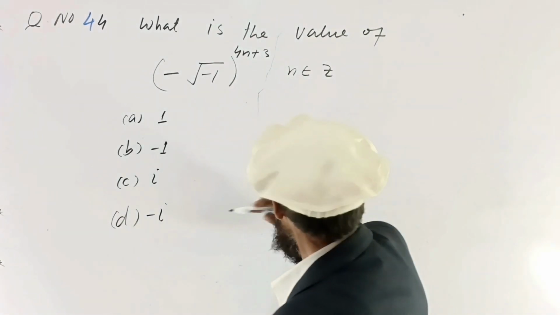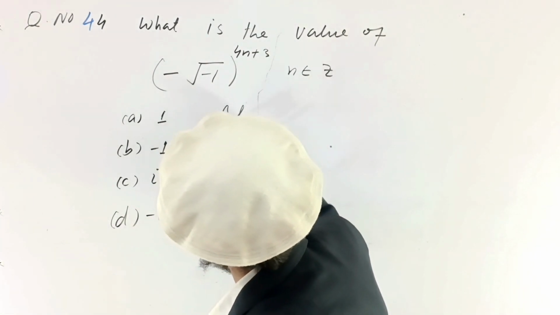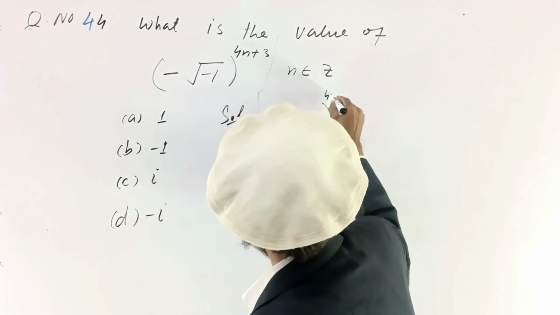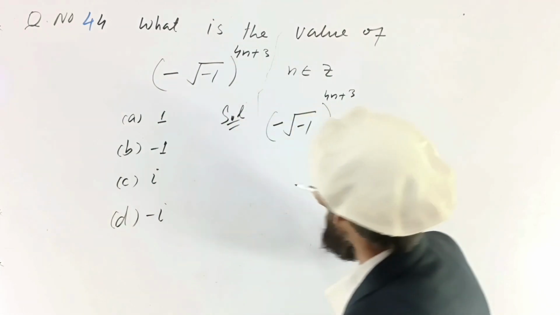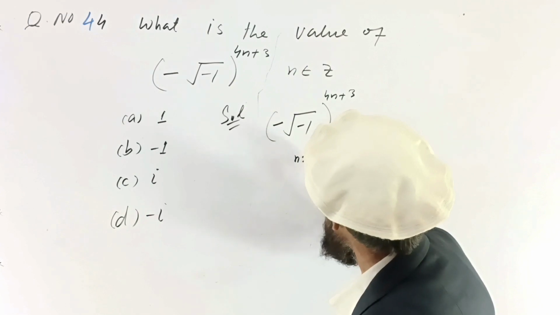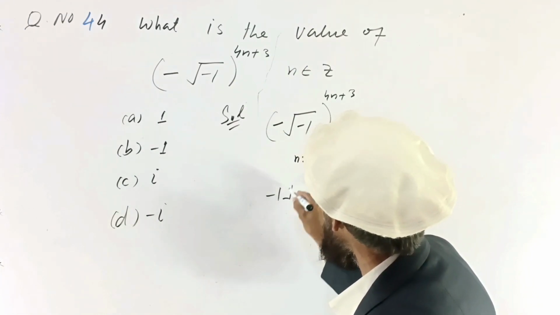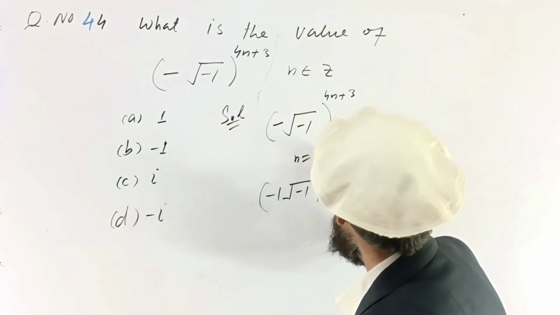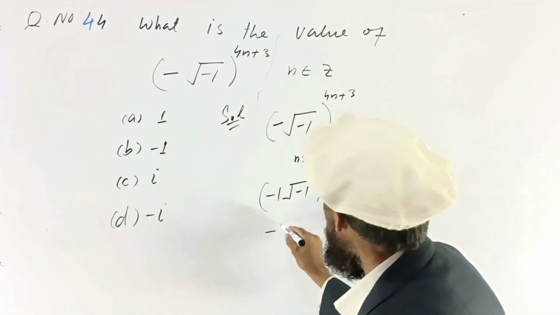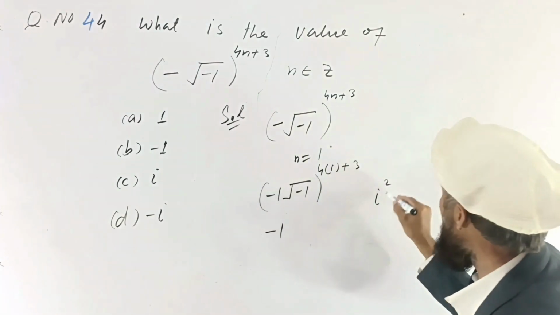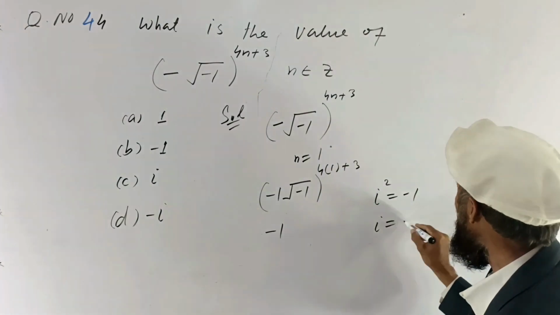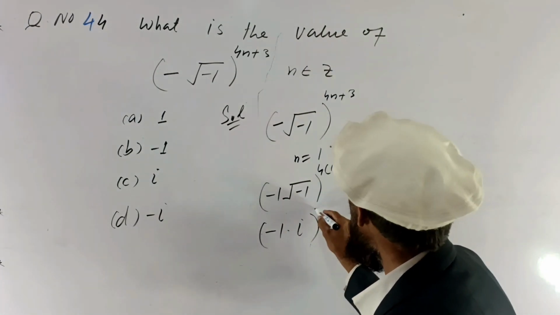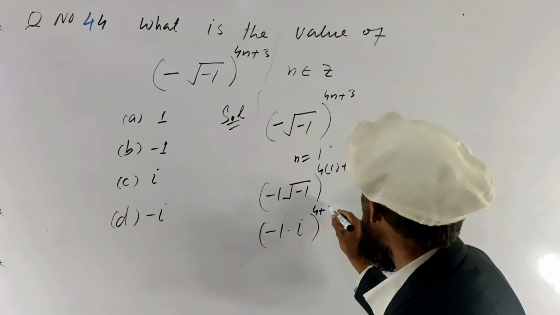How? Look here, if we simplify our solution of this one, if we find minus and minus 1 whole power 4n plus 3. So if we put n is equal to 1, we can write minus 1 and whole power 4n into 1 plus 3. We can write minus 1 iota square, we know that iota is equal to minus 1 under root. In the place of minus 1 under root, we put 4 plus 3.